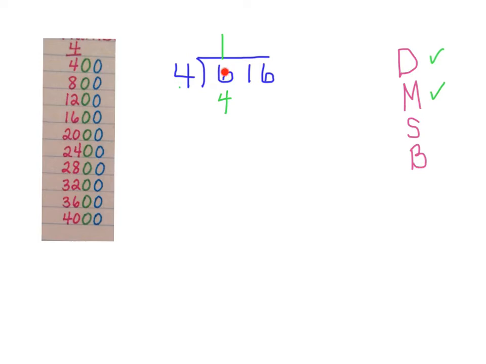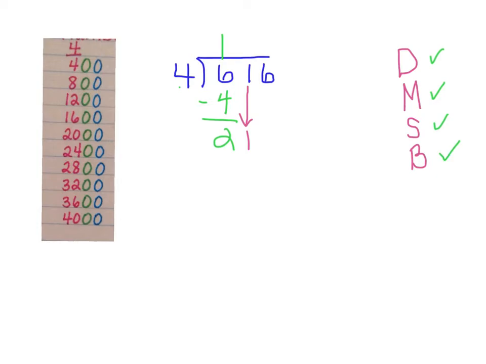I'm going to subtract the 6 minus this 4. My answer is 2. Then the next step is to bring down. I'm going to go to the next number in my dividend and bring it down next to what was left after I subtracted. So I'm even going to draw a little arrow showing that I'm bringing it down and write that 1 here.